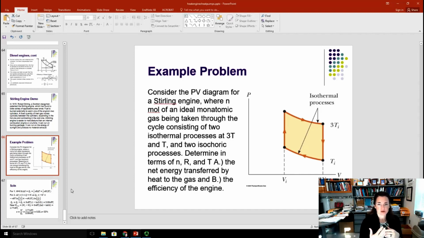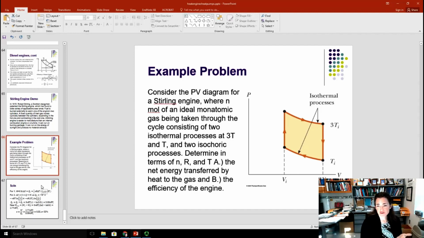In this problem, you have n moles of an ideal monatomic gas being taken through the cycle of these two isothermal processes, which occur at temperatures 3Ti and Ti respectively, and also two isochoric processes occurring at volumes Vi and 2Vi respectively. Determine, in terms of the number of moles n, the gas constant R, and the temperature Ti, the net energy transferred by heat to the gas, and also the efficiency of the engine.